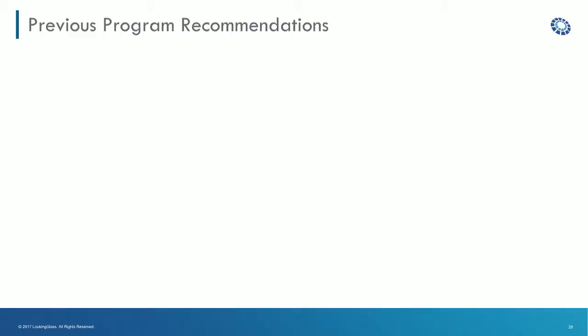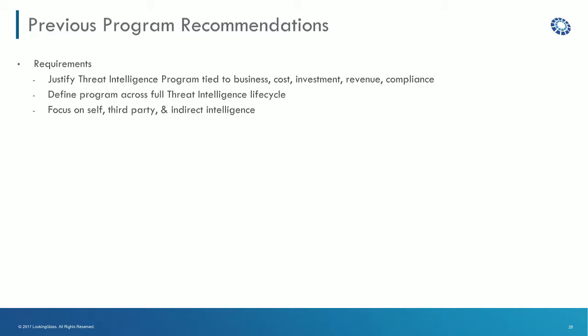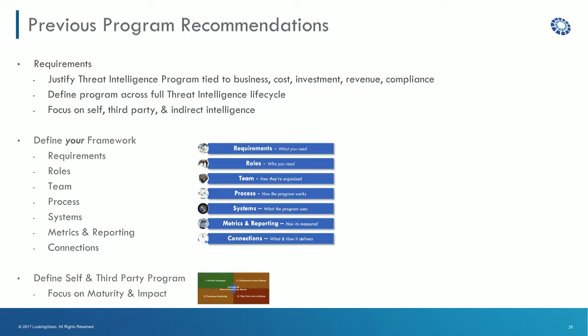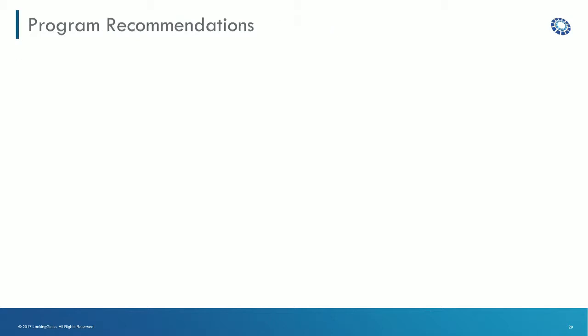So to sum up, we've previously recommended, let's make sure that your program understands the requirements. Define a framework. We recommend a 7-part framework and apply that to your specific needs. Focus on self and third-party programs, particularly third-party maturity, and focus on categorizing your third-party.